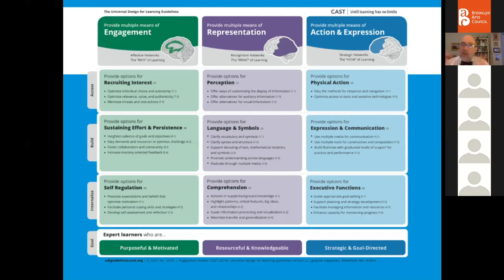Richard Branson, who created Virgin Airlines, he was dyslexic, and he struggled in school, but because representation was problematic for him, and he didn't have enough support in terms of different options for getting information, he had to find different ways to express himself and different ways to take action. And so he became very empowered for himself, and became very goal directed, and could build these businesses on his own. And he didn't have to worry so much about the information, because he knew how to work against it.